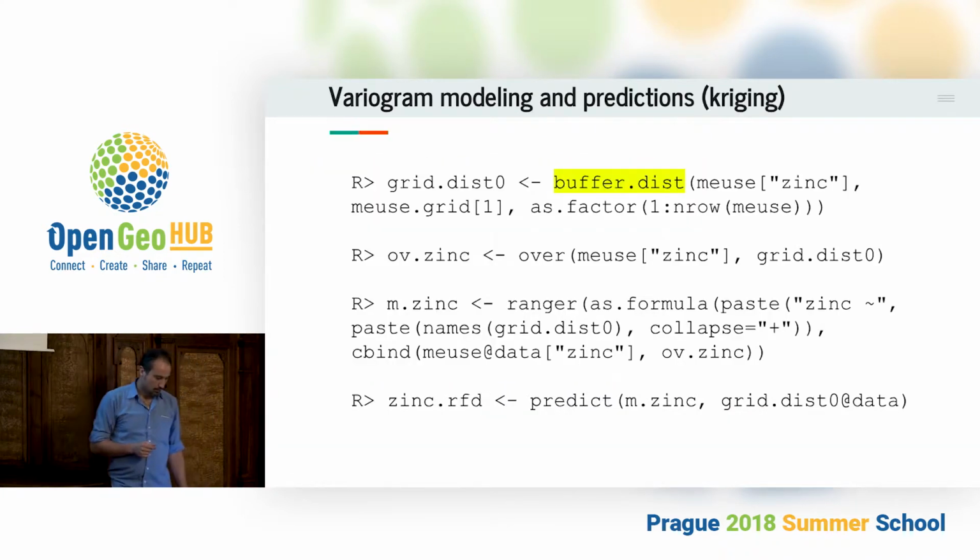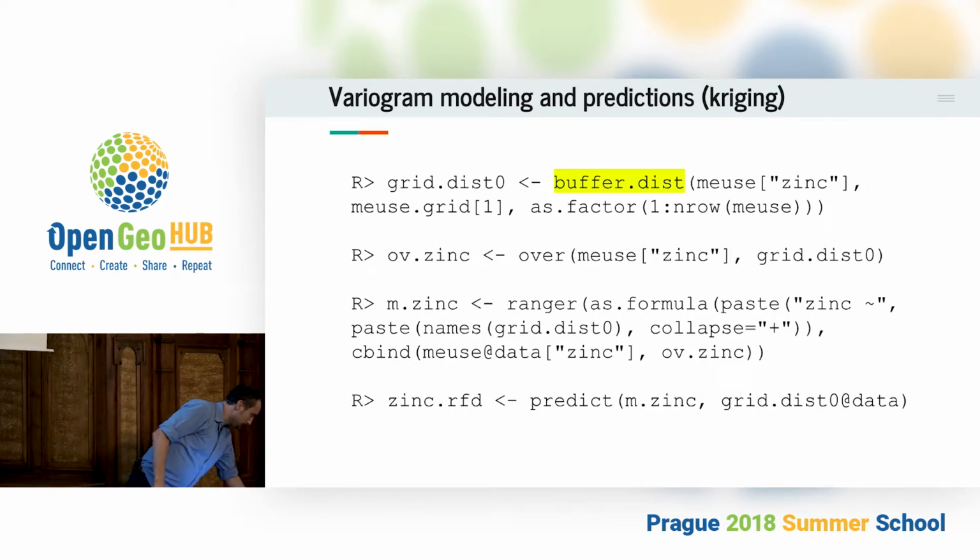And just to come back to the Euclidean distances, I made this little function called buffer dist. So you take a point map, and you say, this is my target variable, and you say, calculate the distance to all points. And once I get this distance to points, I just do overlay. So I will make an overlay to get the values of all distances, right?